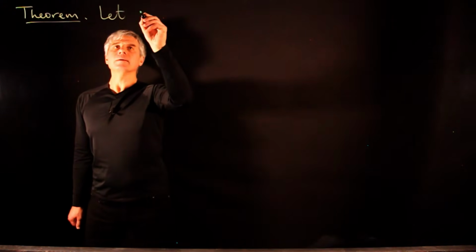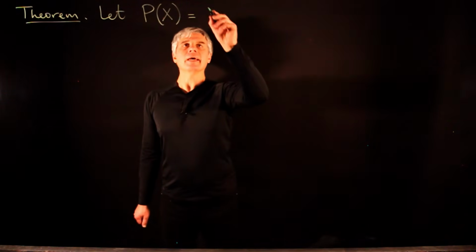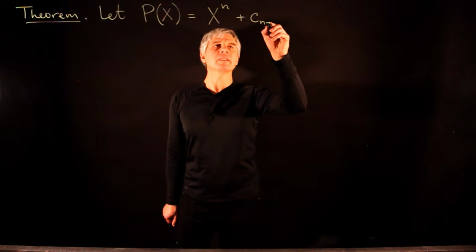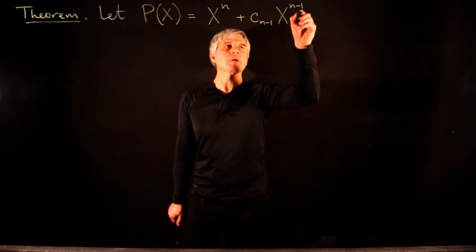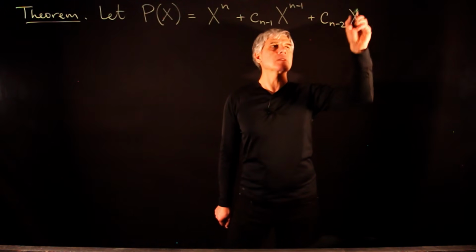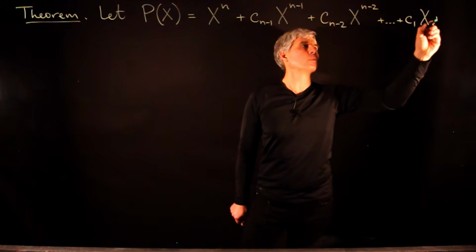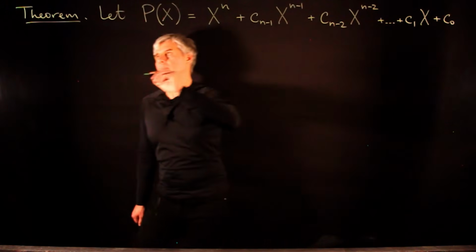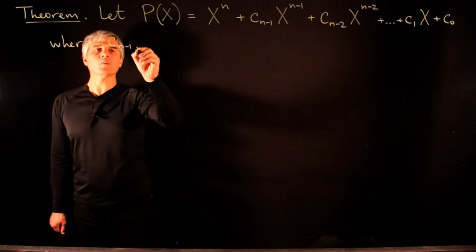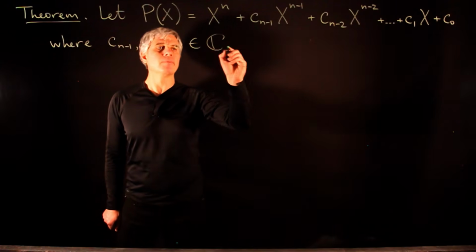Let P of x be x to the power n plus c_{n-1} x to the n minus 1 plus c_{n-2} x to the n minus 2 plus ... plus c_1 x plus c_0, where c_{n-1}, ..., c_0 are complex numbers.